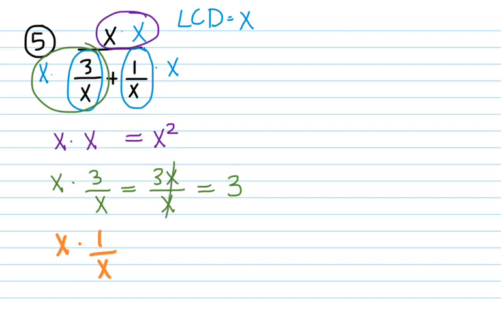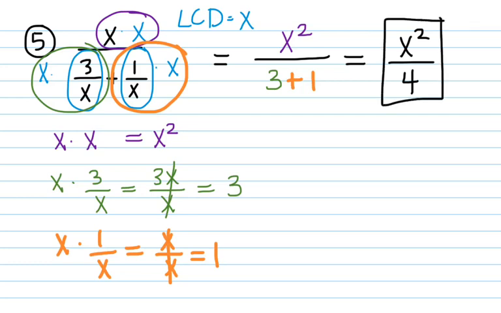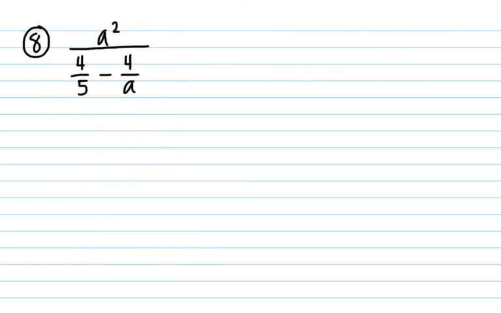And then finally, in orange, we have x times 1 over x, which is x divided by x, and x divided by x is just 1. So now I'm going to substitute these back into the original expression, and I have x squared divided by 3 plus 1, which can be simplified if I combine like terms to give me x squared divided by 4. There's no way to simplify that either.